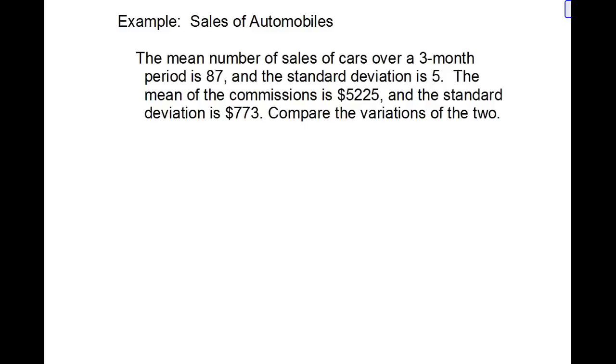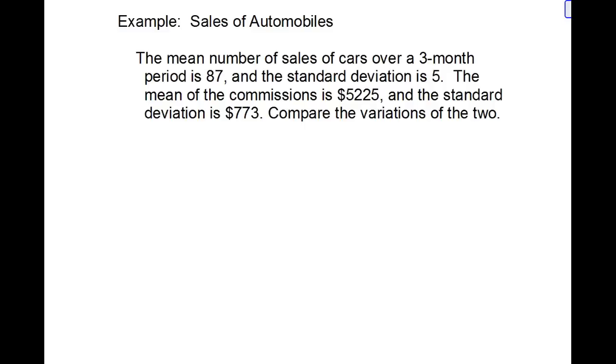I want to compare the variations of these two. Well, I can't just compare their standard deviations because they're not the same units, and I want to make sure that I'm on a level playing field. So I want to compare their coefficient of variation.